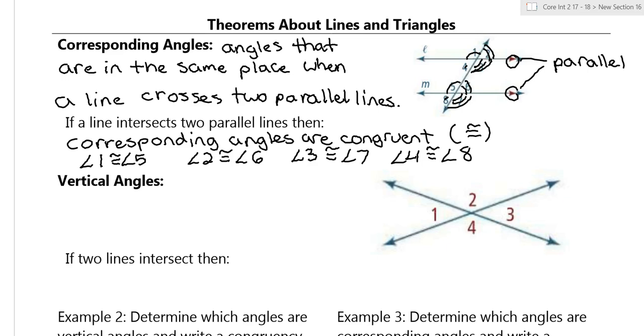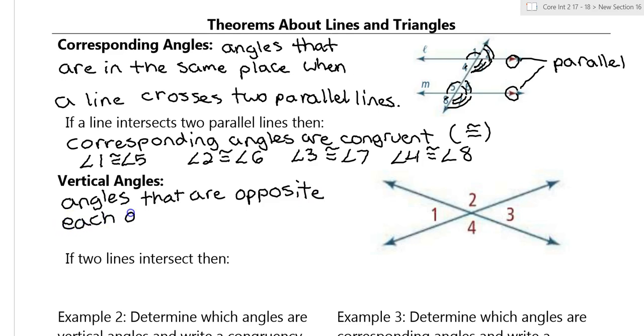Vertical angles. Now, vertical angles are angles that are opposite each other when two lines cross.